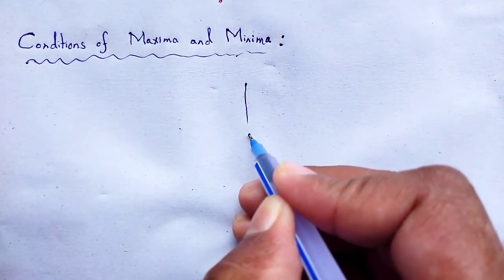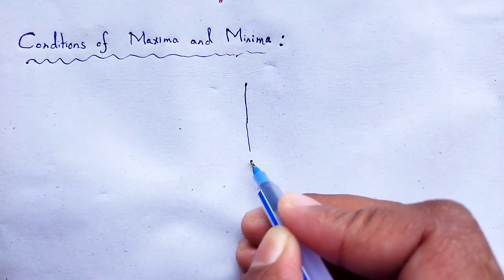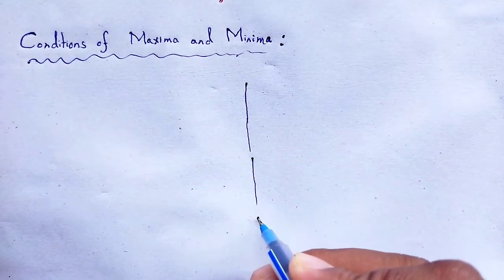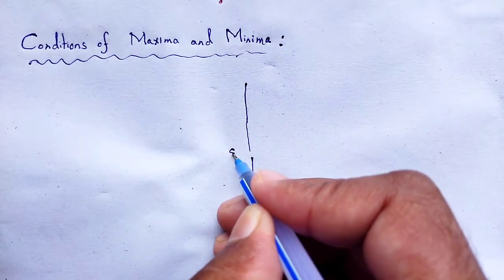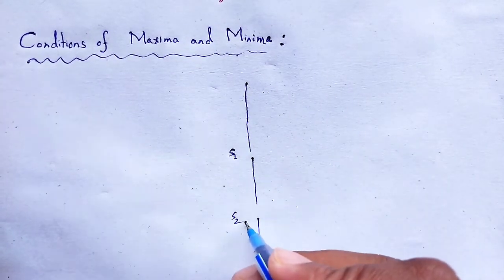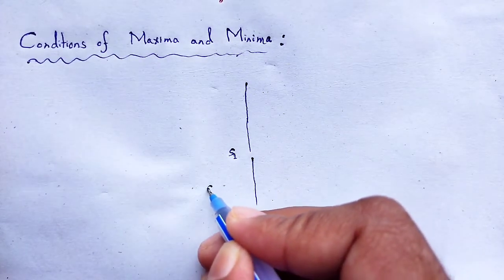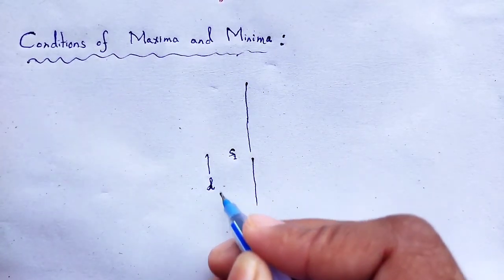That will be the slits. Two slits, here S1, S2, these are separated by a distance small d.